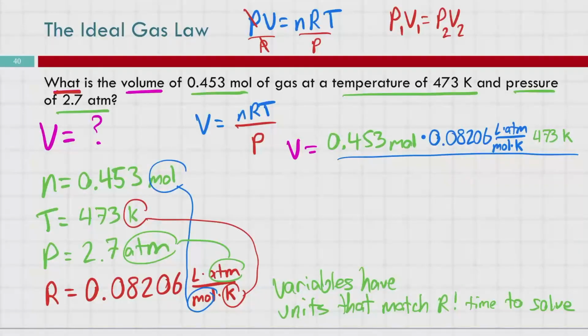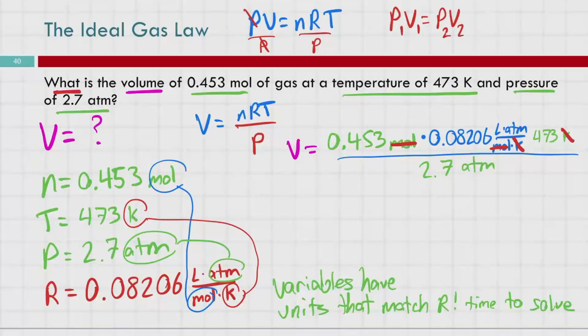So there's our T, and we also have P on the bottom, 2.7 atmospheres. For canceling out our units, we've got moles. Moles is in the bottom of our units for R, so those cancel. We've got Kelvin. Kelvin's in the bottom of the units for R, so those cancel. We've got atmospheres on the top.